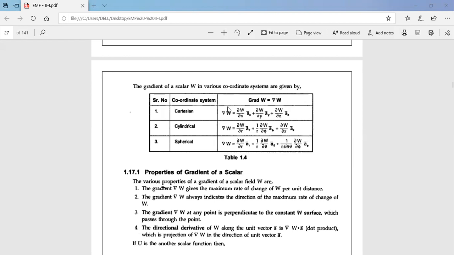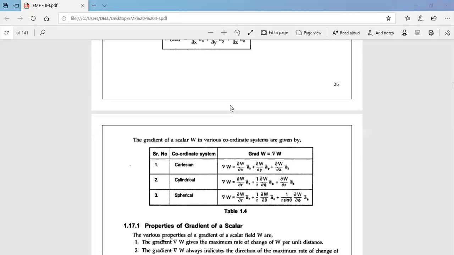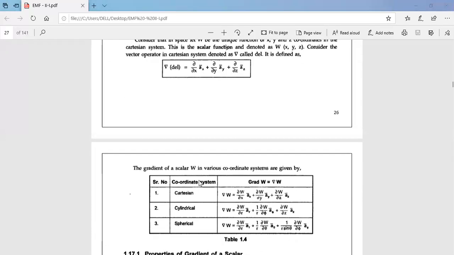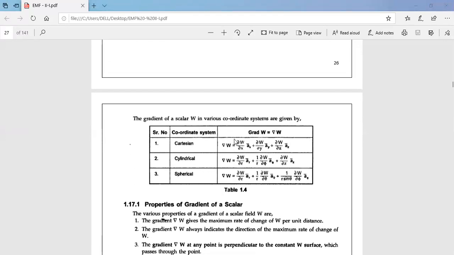So if you are going to solve something which requires the gradient of W, whatever coordinate system the function is in, you would have this given to you.